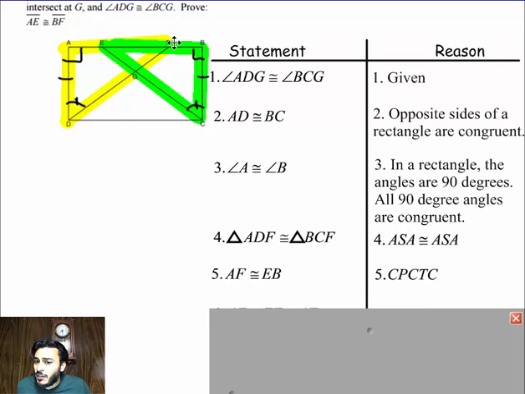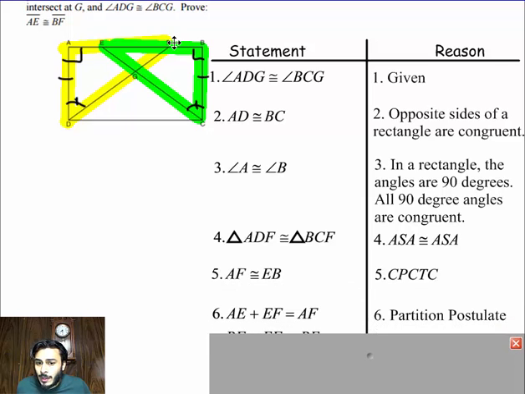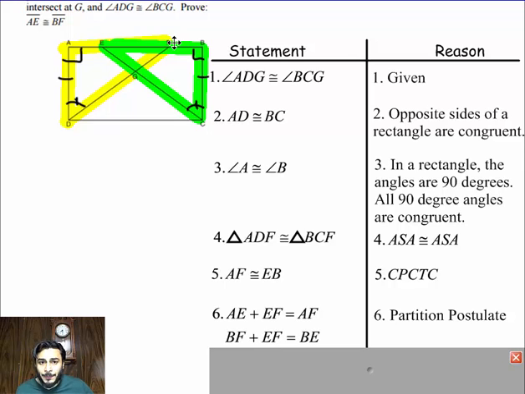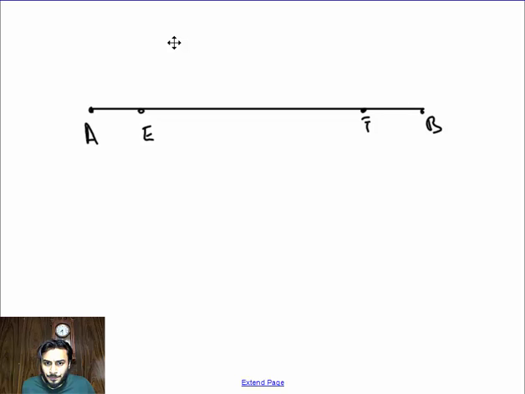So I'm going to go partition postulate now. I'm going to say that AE plus EF is equal to the whole segment AF. And I'm also going to say BF plus EF is equal to the whole segment BE. That makes sense, doesn't it? Here's what I'm saying, right?